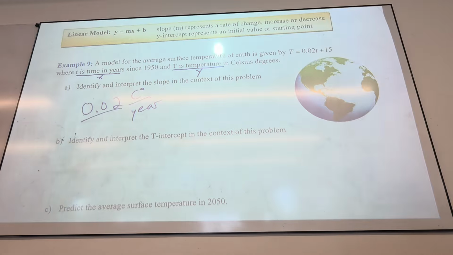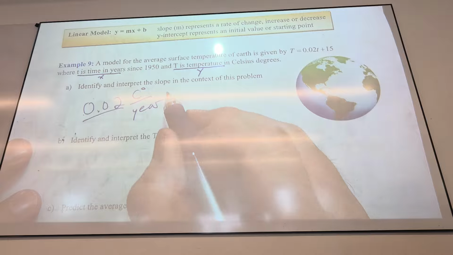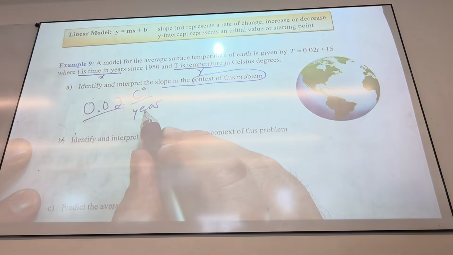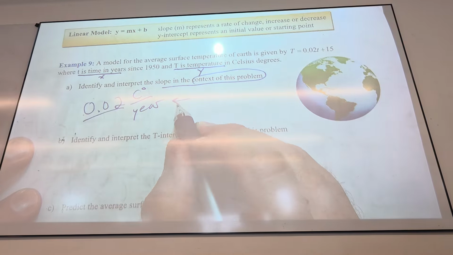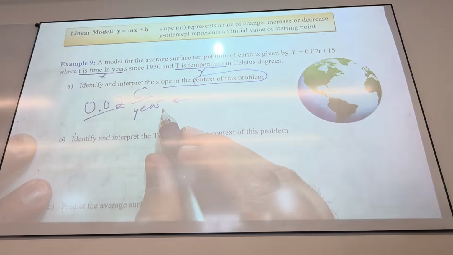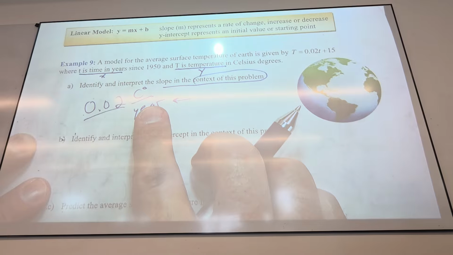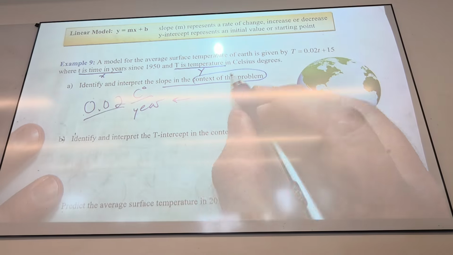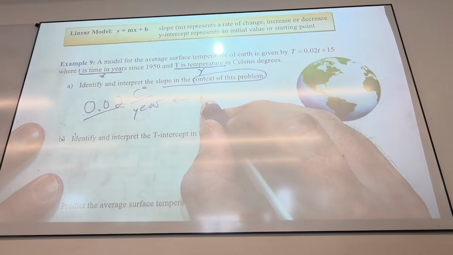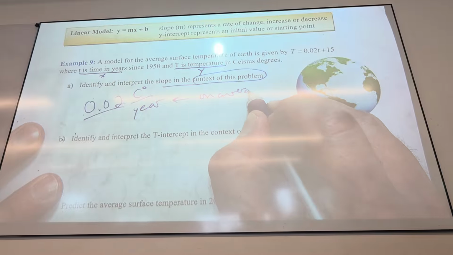So the slope in context, if you just give me the units, can somebody make a sentence out of this? I basically just did. Every year since 1950, the temperature goes up by 0.02 degrees Celsius on average.